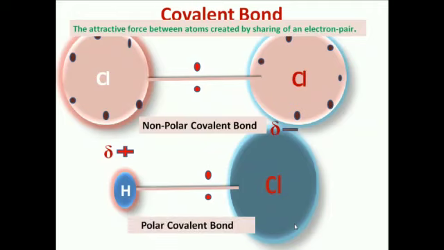This type of molecule is known as a polar molecule, and the covalent bond formed here is known as a polar covalent bond. So there are two types of covalent bond. One is the non-polar covalent bond, which is formed between atoms of the same electronegativity, and the polar covalent bond, which is formed between atoms of different electronegativity.